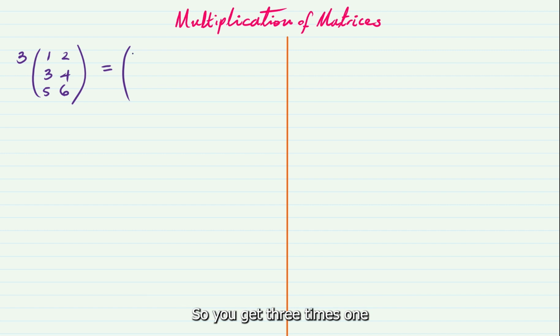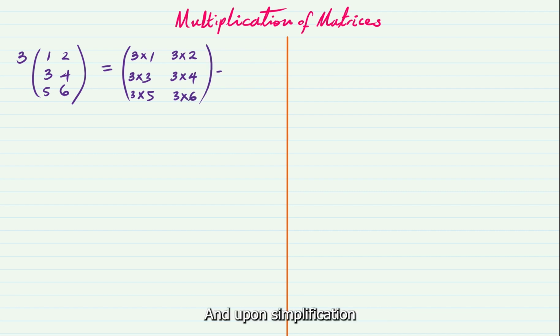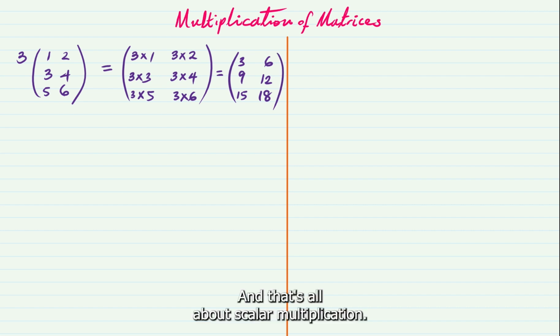So you get 3 times 1, 3 times 2, 3 times 3, 3 times 4, 3 times 5, 3 times 6. And upon simplification, we get 3, 6, 9, 12, 15, 18. And that's all about scalar multiplication.